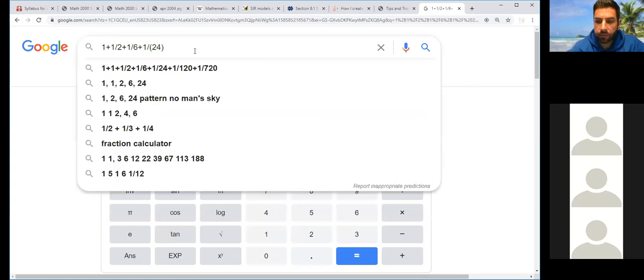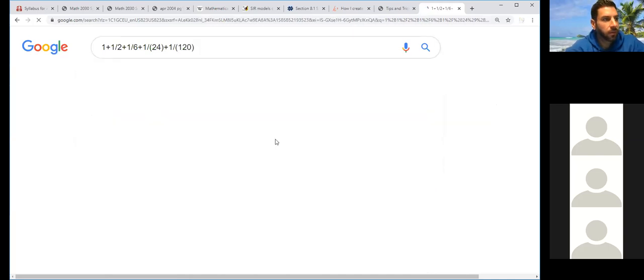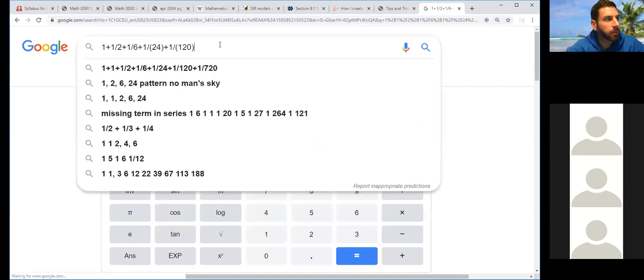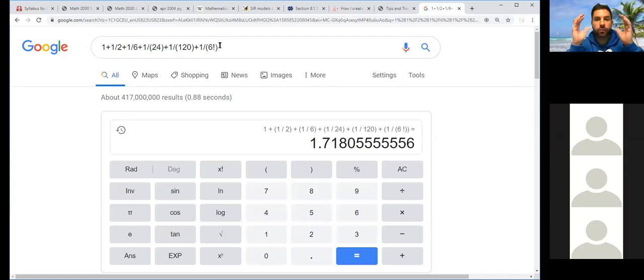Let's add the next guy. The next guy is 1 divided by 120. And bow, I see a pattern. Now I had 1.72 in a row. And if I add the next guy, which is 1 divided by 6 factorial, now I'm accurate to 2 decimal points. Now I'm 1.71. So here, that doesn't mean anything per se, but I do see a pattern where I didn't see a pattern in the other example.